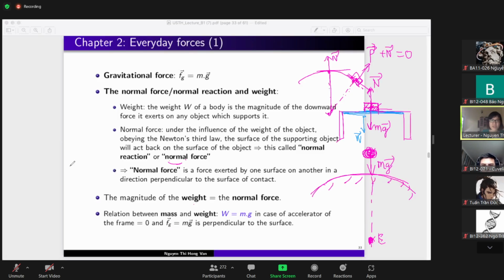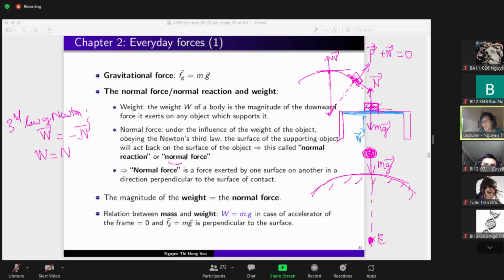The weight and the normal force obey the couple according to the third law of Newton, with the same magnitude but opposite direction. You see, opposite direction. And the weight is acting on the table, and the normal force is acting on the object, different objects. Okay, this acts here, this acts here, and they are not balanced.